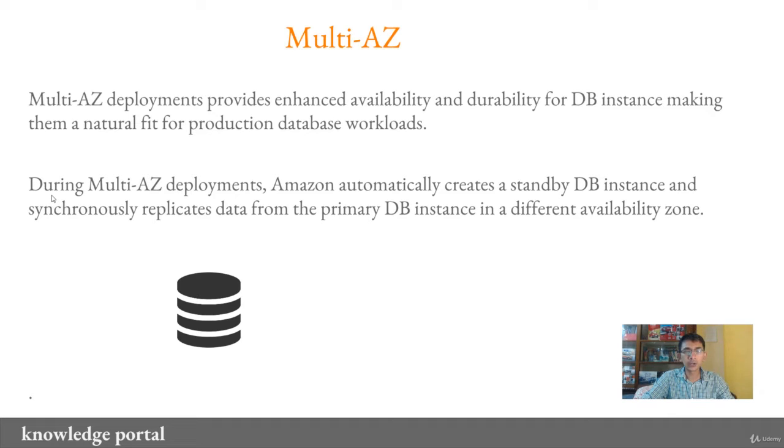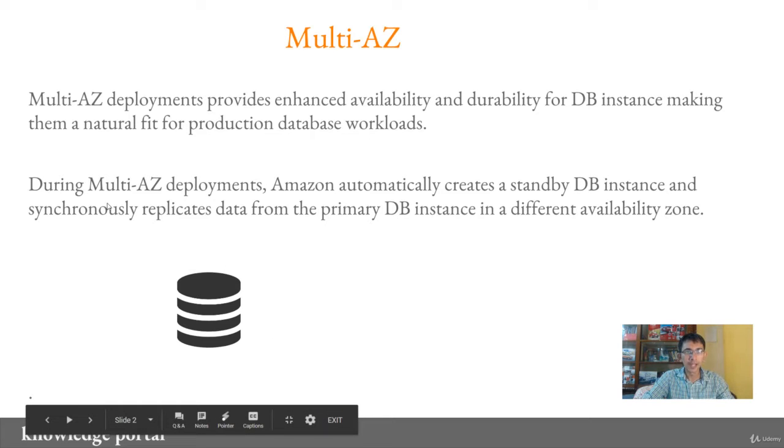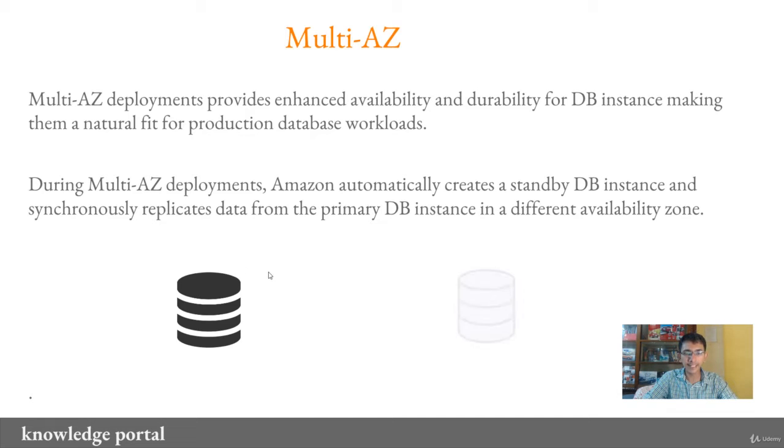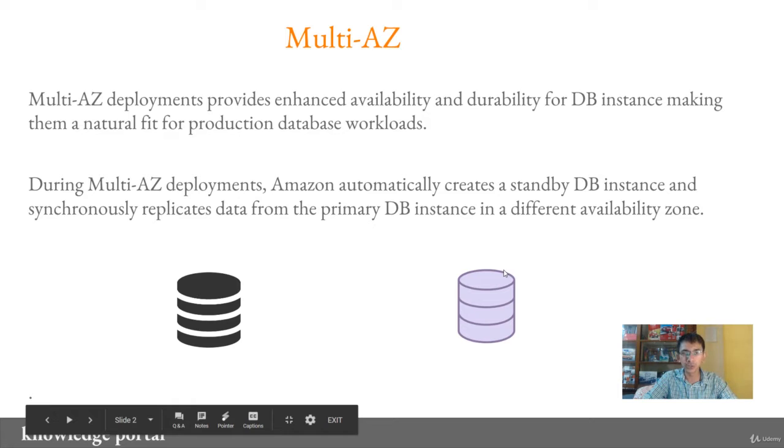Basically, in order to understand how multi-AZ based deployment works, let's look into this specific animation. Let's assume that there is a primary DB over here. So this is the master database. What happens in multi-AZ is that AWS RDS will create one more database in a different availability zone.